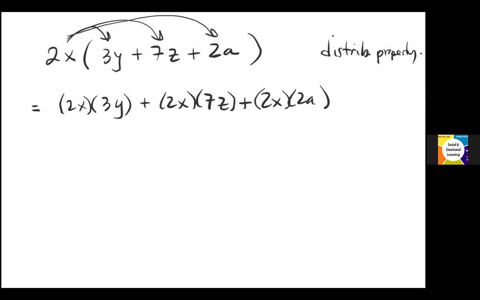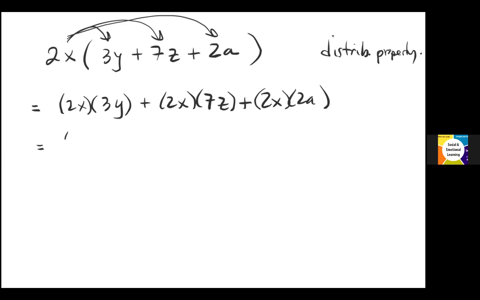So you can see it gets quite large the more terms we have in here, multiplying all these things out. And just like we did before in that last example, we can multiply the number parts together and write the variables side by side.